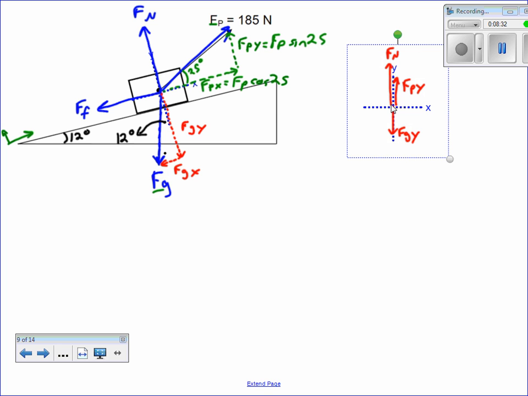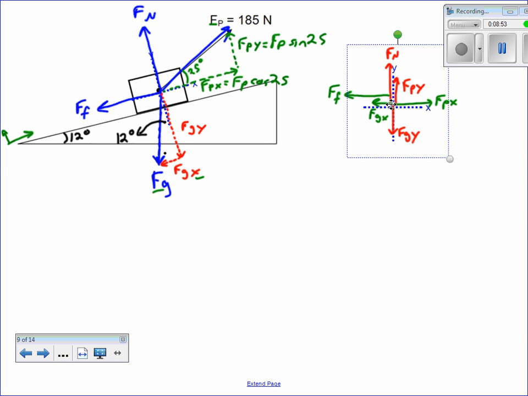And in the horizontal plane, we have Fpx. Fgx is going the other way. And the force of friction is going that way. So we have three forces on each axis.